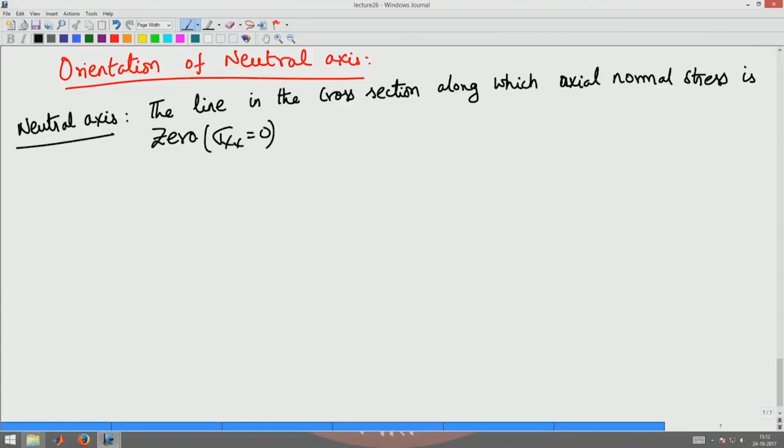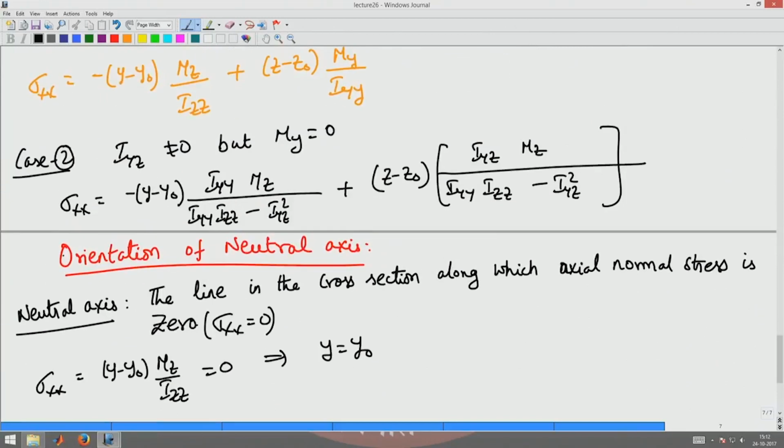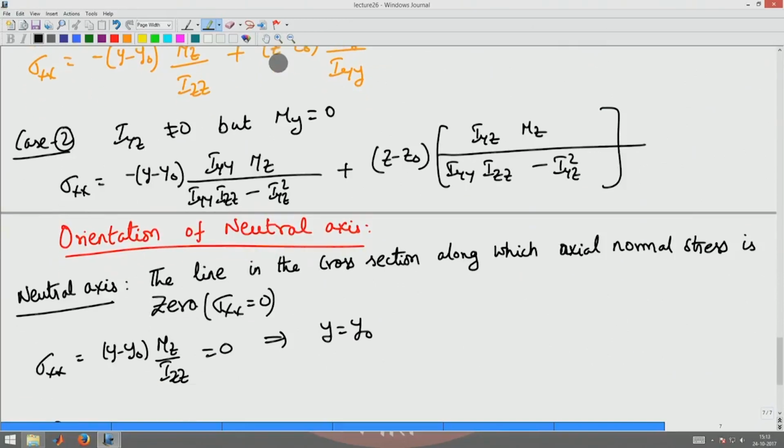When the beam was bending along only one direction, with sigma xx given by (y minus y naught) Mz by Izz, if this is 0, this implies y equals y naught, and that was the definition of the neutral axis. Now, consider the special case where Iyz is 0 and there is moment along both directions, My and Mz. Then what is the neutral axis?